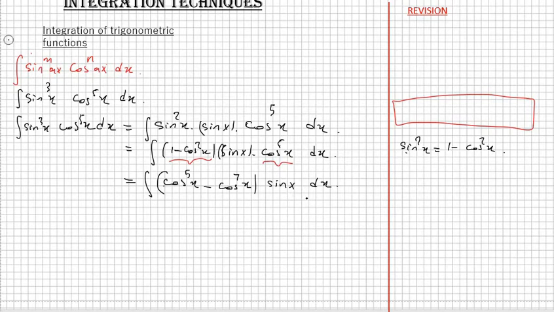So now the next step is to use the substitution. If there is sine here, then I'm going to use cos. So when I start with my substitution, I use the opposite. For sine we use cos, and if there is cos, then there should be sine here.